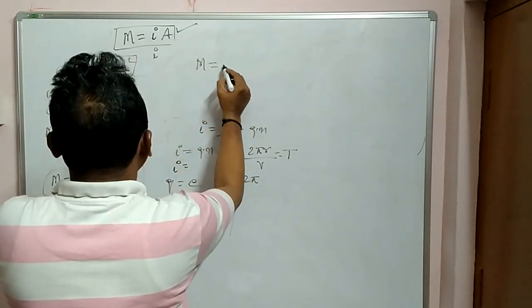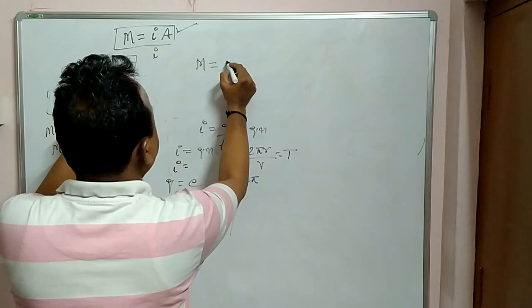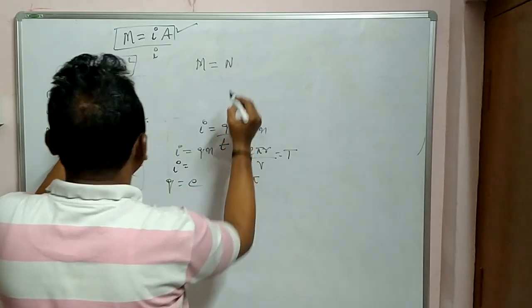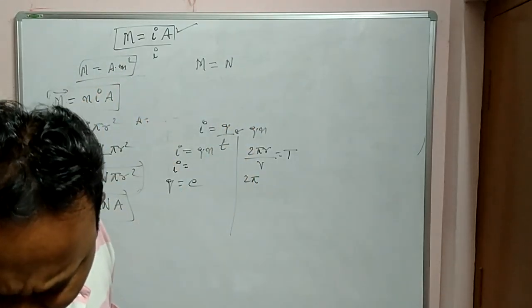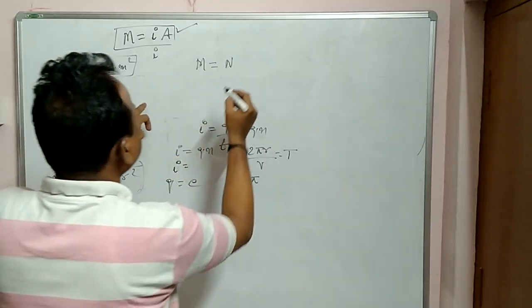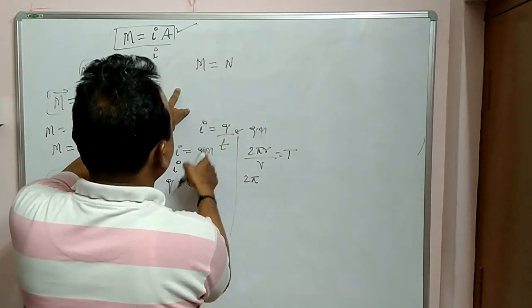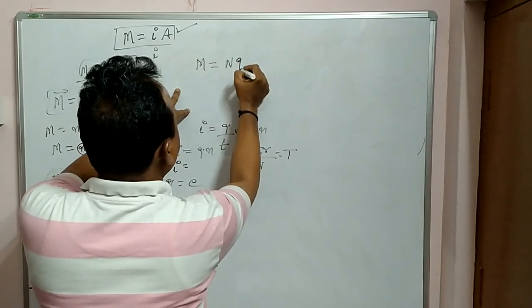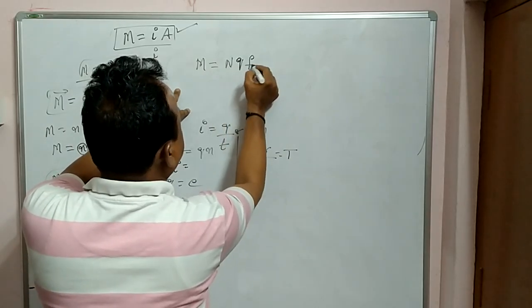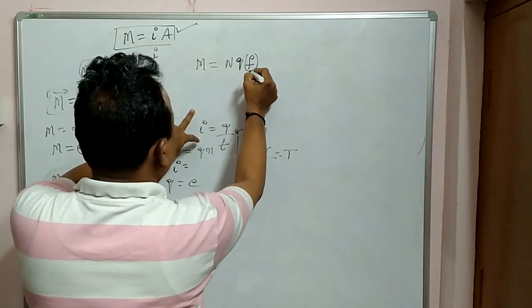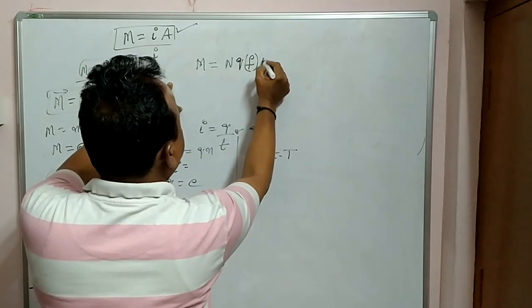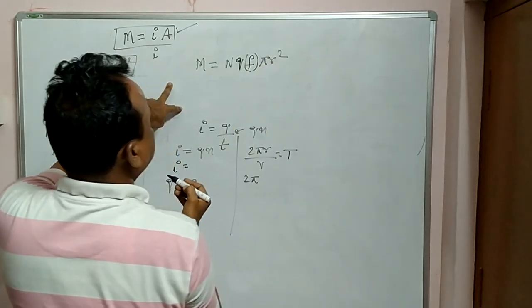M is equal to N, number of turns, NIA. Okay, and what is here? I is equal to Qn. I is equal to Qn. Frequency gets confusing, so let us use F, in place of I, and area pi r square.